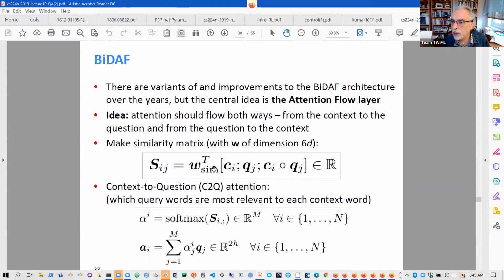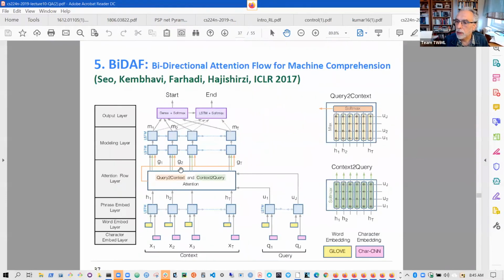The central part is that attention should flow both ways, from the context to the question and from the question to the context. And now we're talking about this attention flow layer, which was, remember, this piece here.